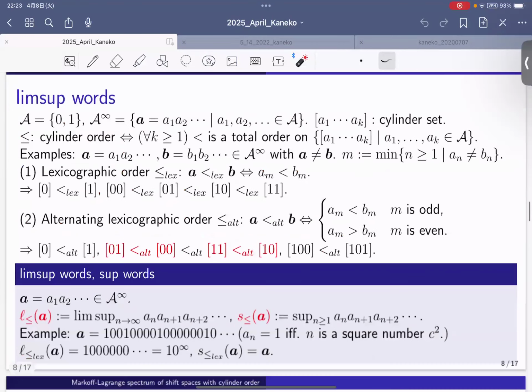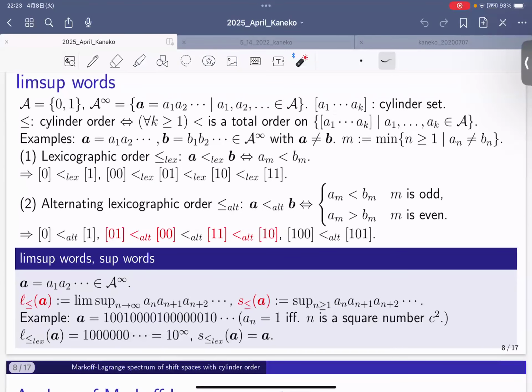The easiest case is the lexicographical order. So A and B are two sequences, A1, A2, and B1, B2, and so on, each 0 or 1. Let M be the minimal index such that these are different.